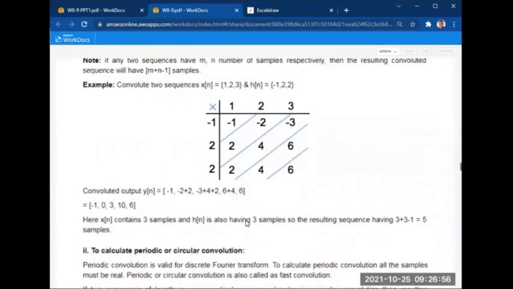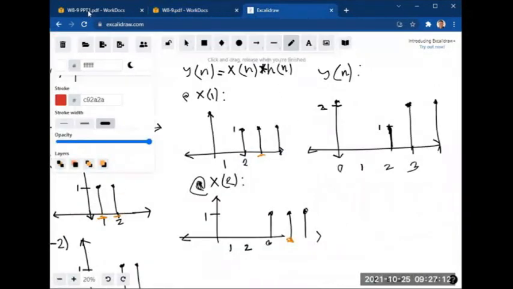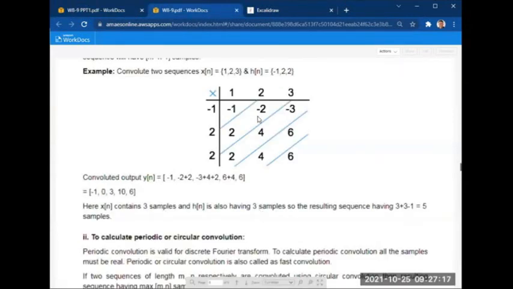We have another example here. Convolute two sequences: x of n with samples 1, 2, and 3, and h of n with samples -1, 2, and 2. We will be using the tabular method, or you can use the other one, it's up to you. With the tabular method: 1 times -1, 2 times -1, 3 times -1, 1 times 2, 2 times 2, 3 times 2, 1 times 2, 2 times 2, and 3 times 2.